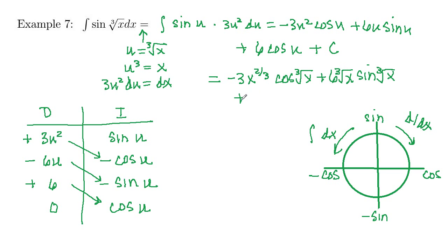And then plus 6 cosine of cube root of x, since that's our u. And plus our constant. And we've got it.